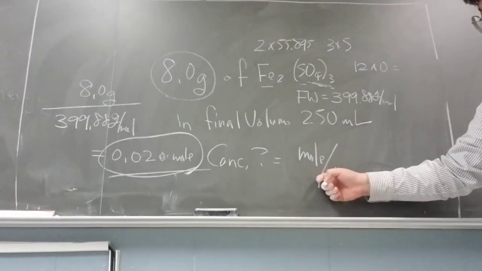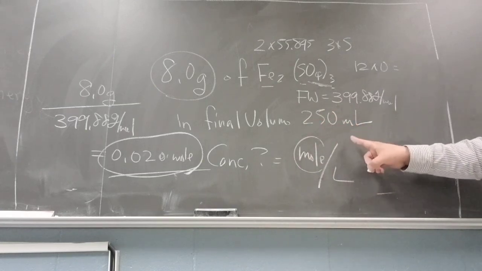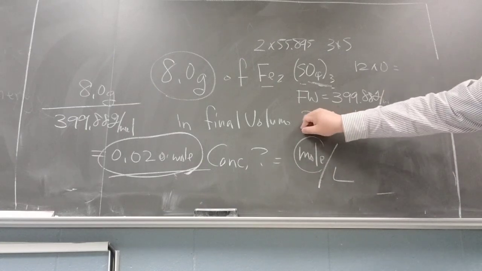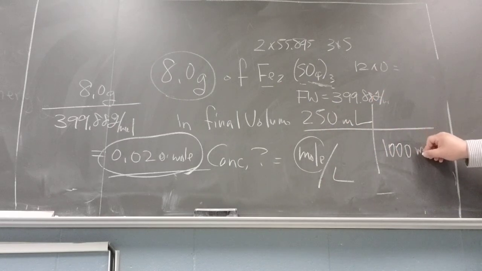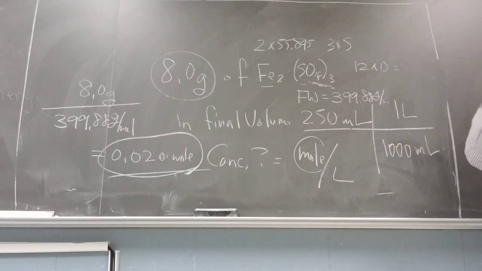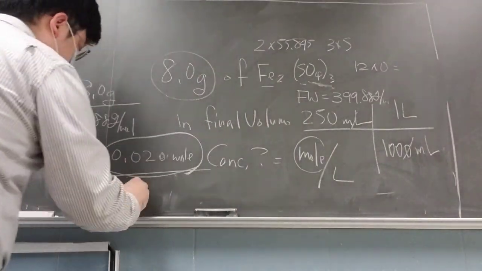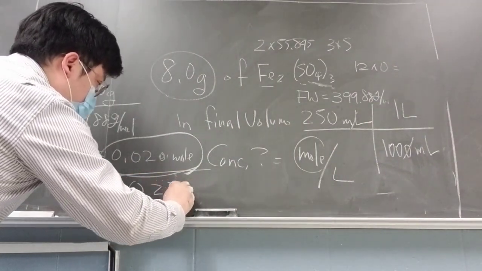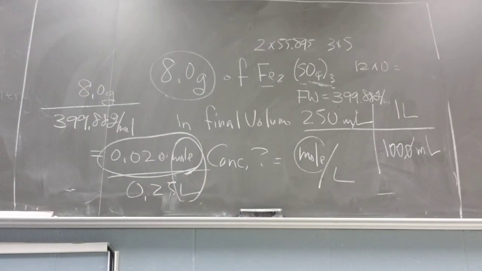To get the concentration, you need moles per liter, right? But this is in milliliters, so you have to convert that into liters, which is 1,000 milliliters over 1 liter. Milli means a 1,000th of something. So you divide this by 0.25 liter, and you have a molarity concentration unit right there.